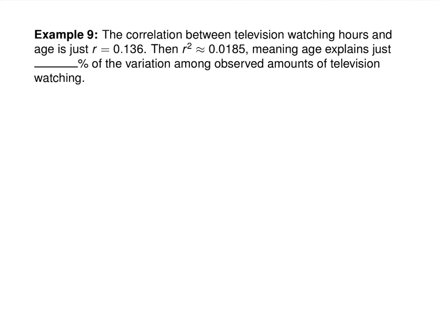Compare that to television hours watched and age. This has a much smaller correlation coefficient of 0.136, which when you square it gets even smaller, 0.0185. And that means that age explains only 1.85% of the variation among observed amounts of television watching. So that's quite low.